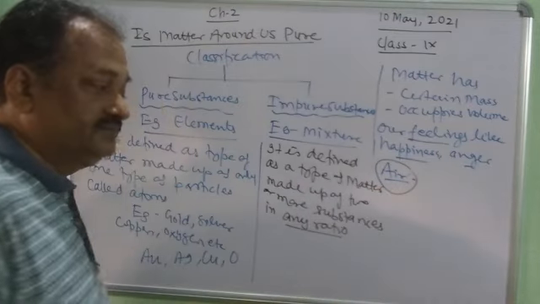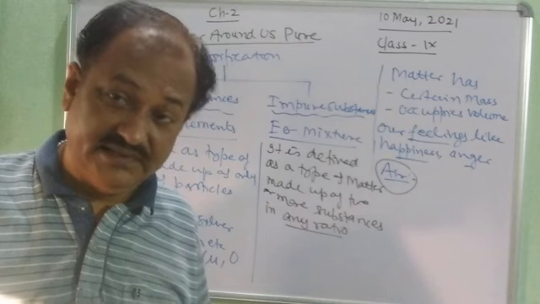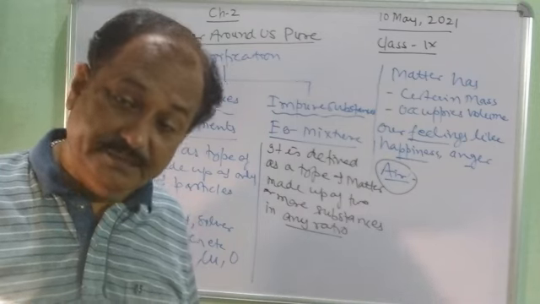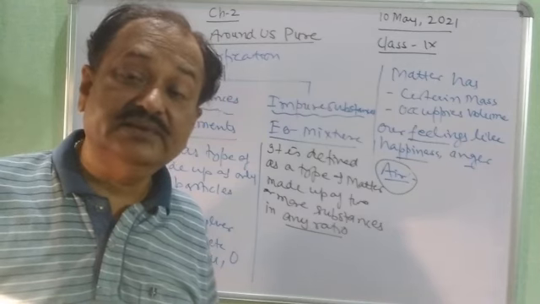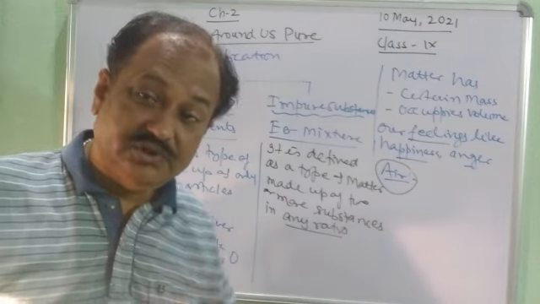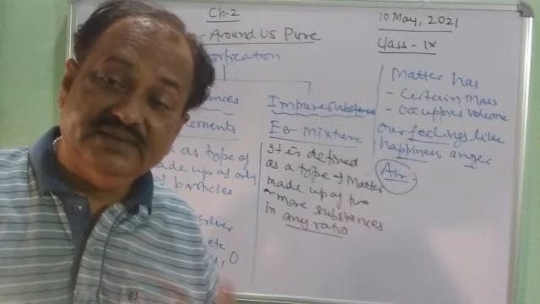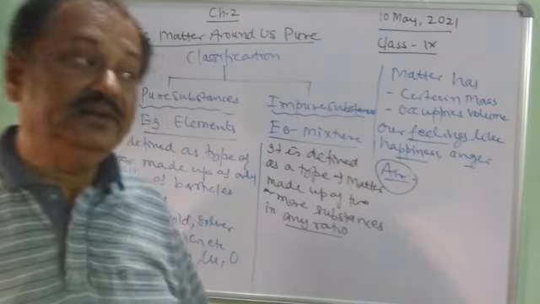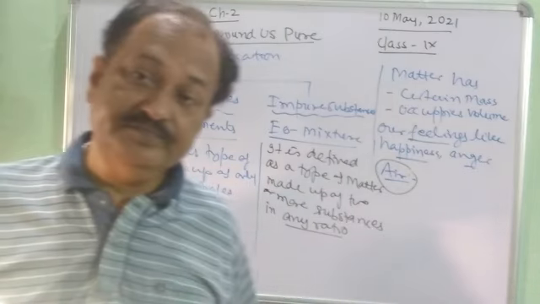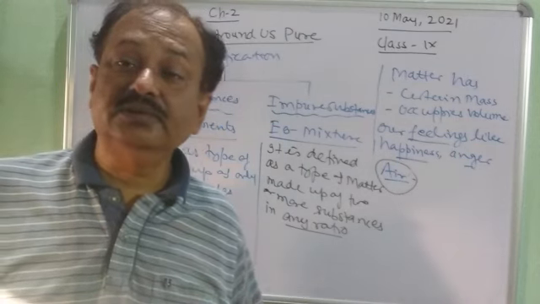Like air. Air is an impure substance. Milk, curd, they are mixtures, they are not elements, because they have different taste and different composition. Air in any city has different components than that of the villages.